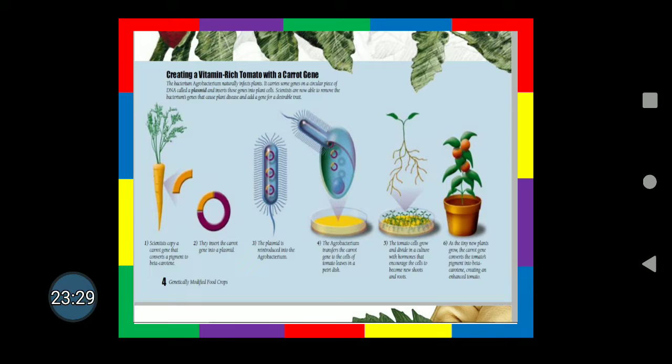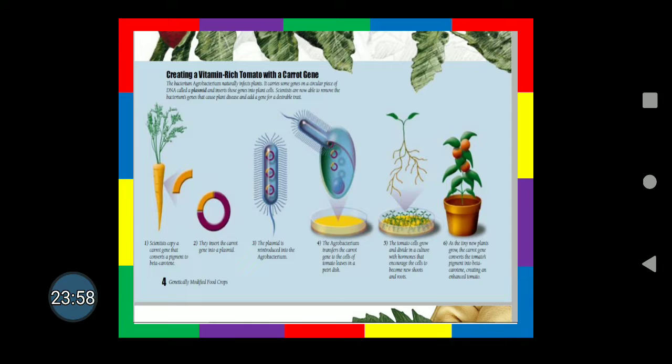The bacterium is allowed to infect the set of cells present in the tomato plant tissue. The bacteria infects the tomato plant tissue, whereby it inserts the gene of interest for beta carotene.